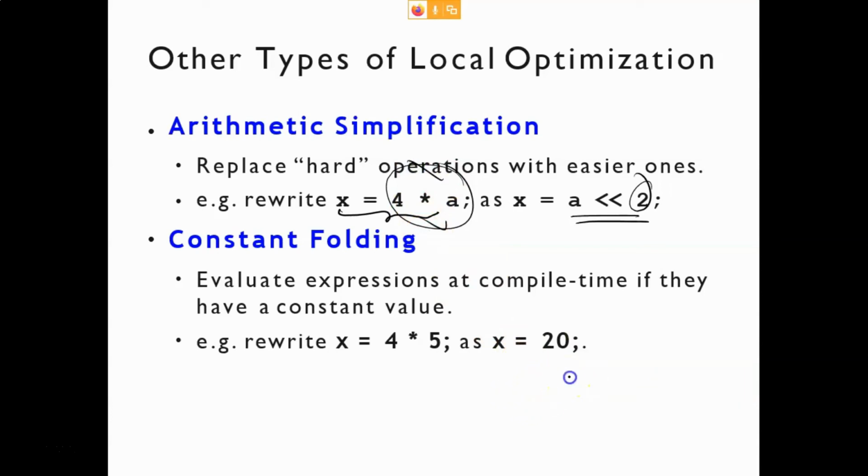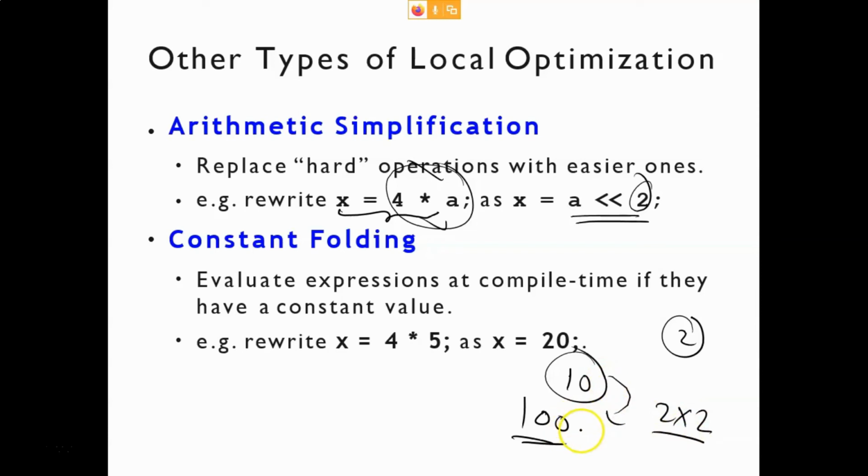For example, let's assume this is your value 2. If you do one time left shift, the value is multiplied by 2. When you do one more left shift, the value is multiplied by 2 again. So basically the value is multiplied by 4. This is how you can do the arithmetic simplification: replace hard operations with easy operations.